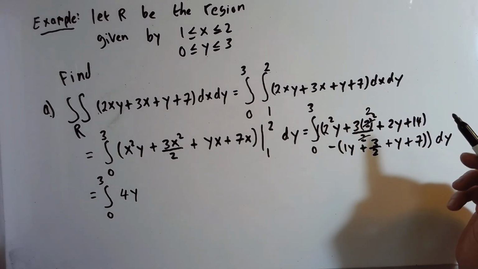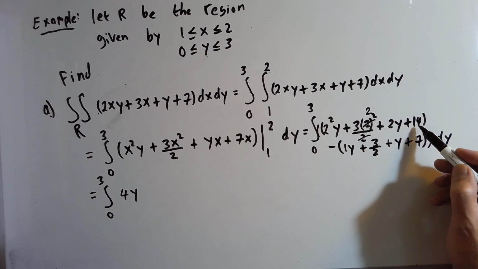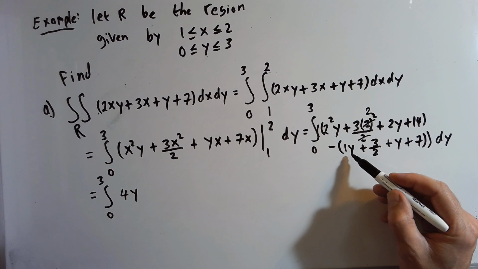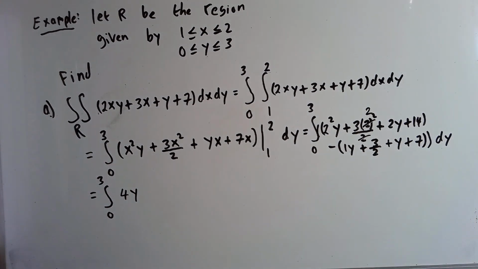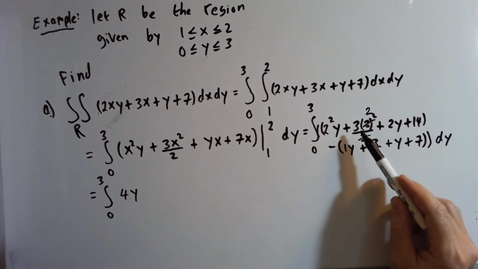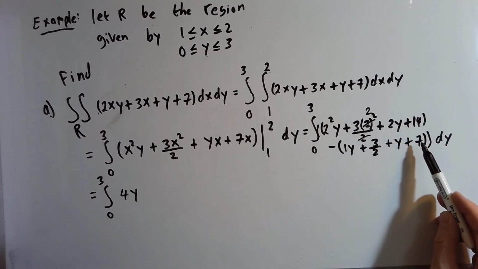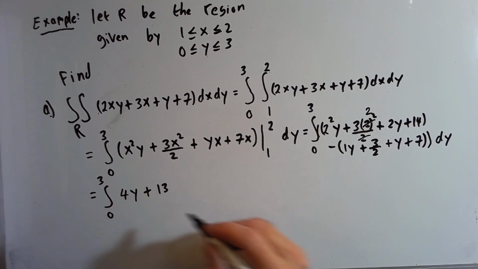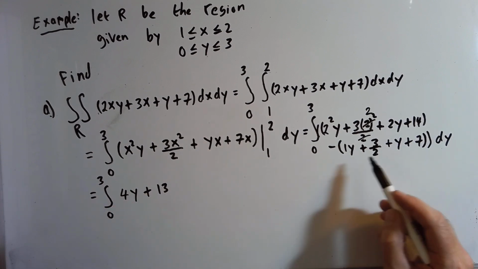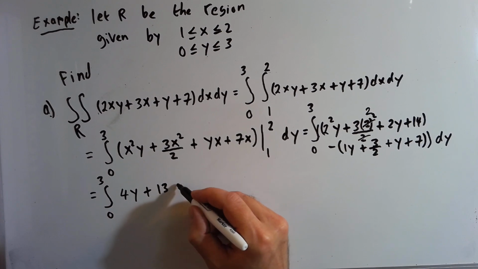So it'll be a 6 left, and that's still plus 14, and then minus 8. Sorry, it'll be 6. It'll be 20 minus 7, so it'll be 13. And then you'll still have this minus 3 halves here.